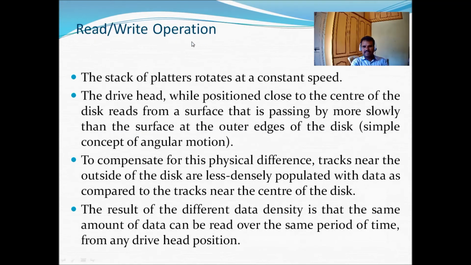The stack of platters rotates at a constant speed. The drive head, while positioned close to the center of the disk, reads from a surface that is passing by more slowly than the surface at the outer edge of the disk. Simple concept of angular motion.